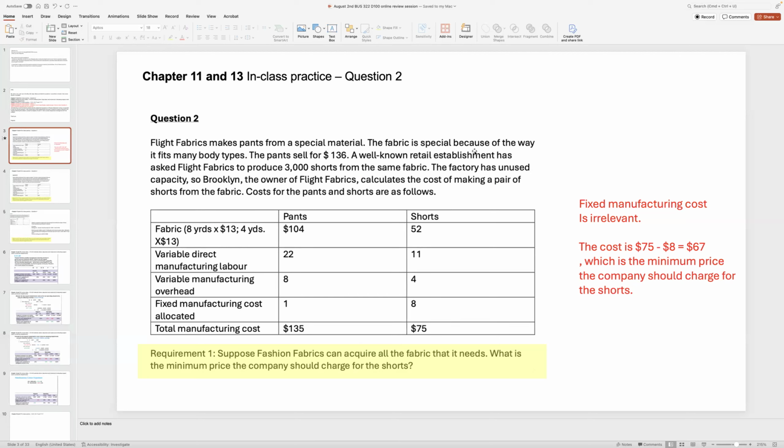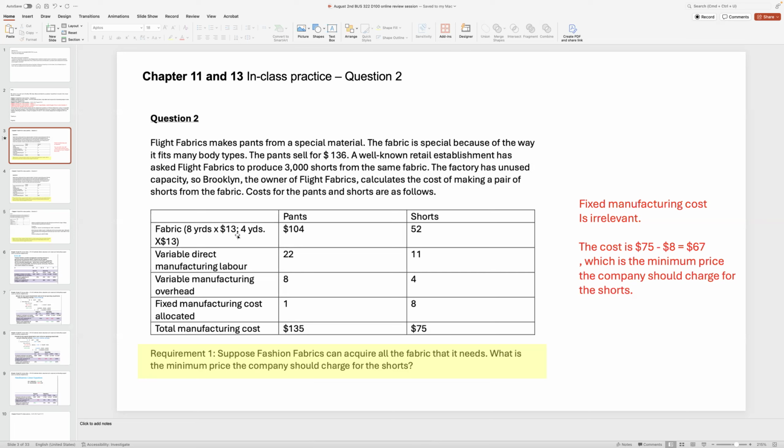The fabric is special because of the way it fits many body types. The pants sell for 136. A well-known retail establishment has asked Flight Fabrics to produce 3,000 shorts from the same fabric. The company has unused capacity, so Brooklyn, the owner of Flight Fabrics, calculates the cost of making a pair of shorts from the fabric. Costs for the pants and the shorts are as follows.